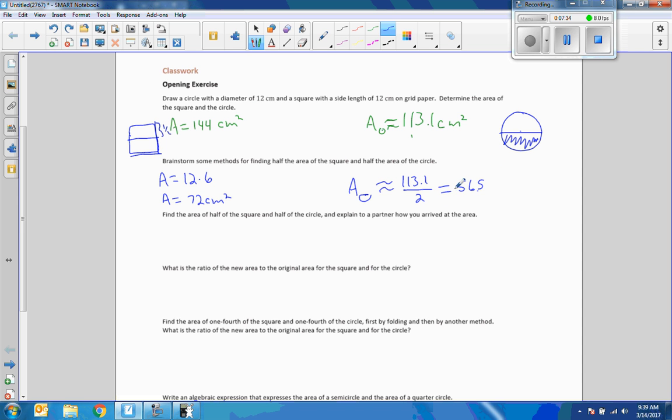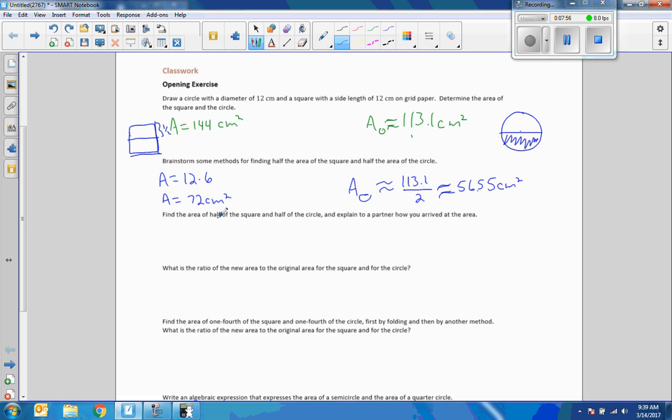Okay, so 2 goes into 11 5 times, carry the 1, 6 times 2 is 12, 11, 5 times 2 is 10, carry the 1. 55. So 56.55 centimeters squared, that's an approximation, right? So you divide the area in half if you're going to cut the object in half.